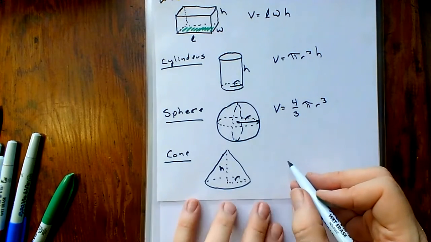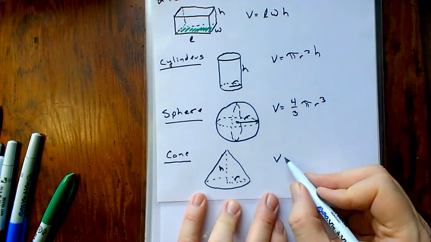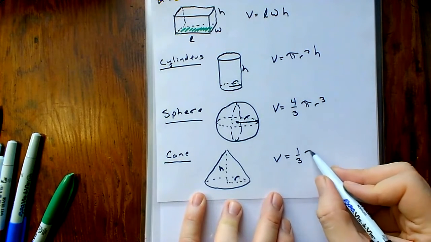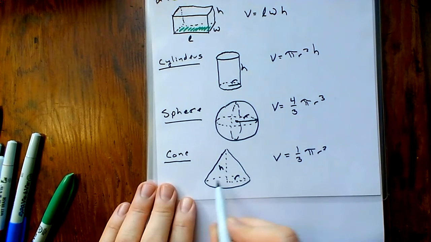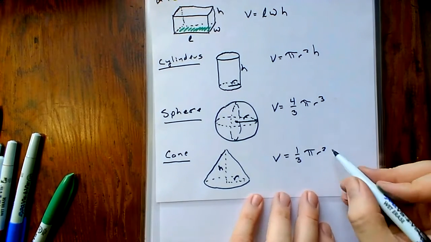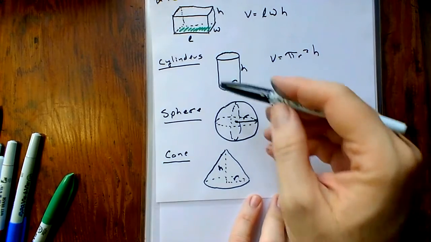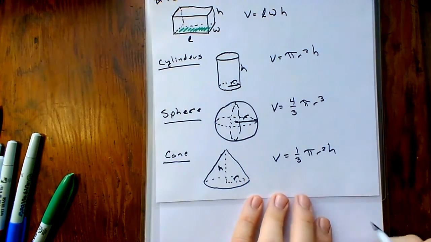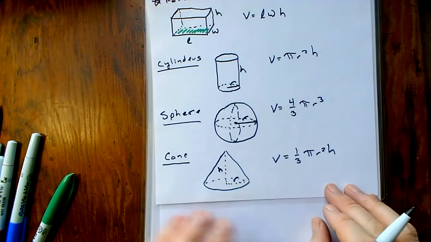And cones, once again, have another factor involved. In this case, our volume is going to be 1/3 times pi r squared. So we're again figuring out our base and then times the height. Cylinders and cones, the formulas look a lot alike except for this factor of 1/3.